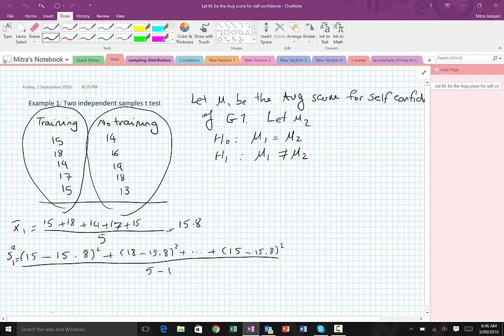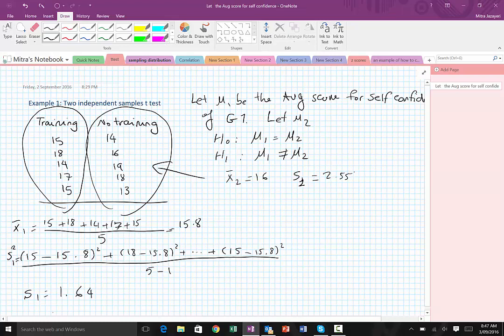And then we have to get the square root of the variance. So S1 will be equal to 1.64. Now we have to do the same thing for group 2, x bar 2 is equal to 16, and S2 is equal to 2.55.